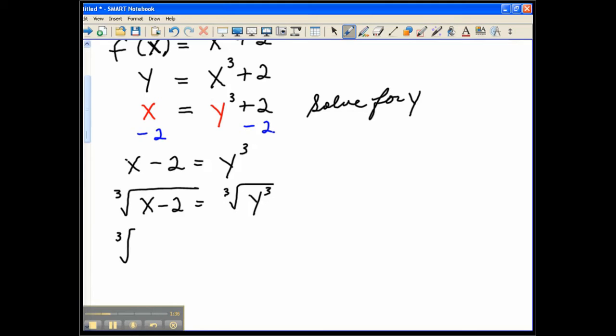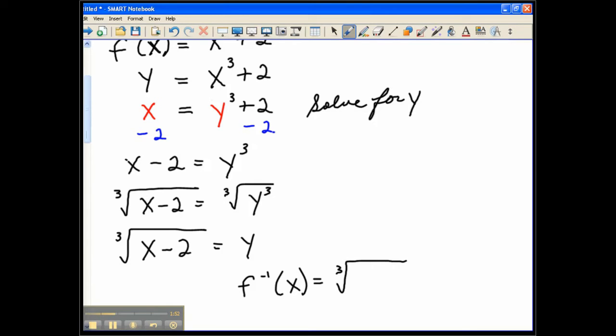So we still have the cube root of x minus 2, and the cube root of y to the third is y. So this is our inverse function. So the inverse function is cubed root of x minus 2.